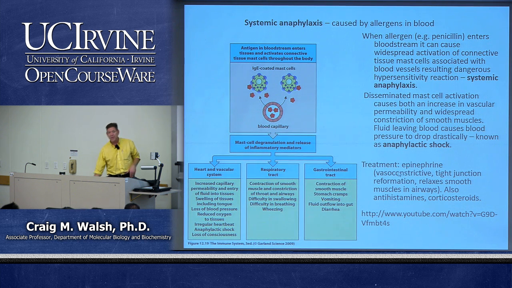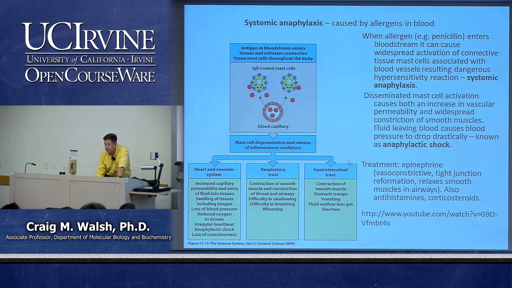As I mentioned, the vasculature is quite leaky as a result of these mast cell inflammatory mediators. In this case, the epinephrine is going to cause that to become vasoconstrictive. This also leads to tight junction reformation, and then it can relax some of these smooth muscles in the airway, so now you can start to breathe.